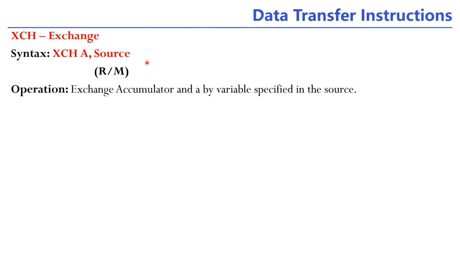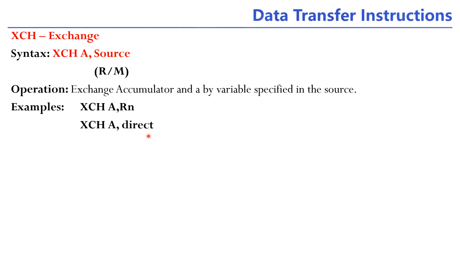Okay. Next thing we can also use exchange, right? XCH A, source. This source here is the register and memory. The operation of this is to exchange the accumulator with the variable specified in the source. We have already seen this in the previous slides, right? XCH A, Rn. Rn is nothing but R0 to R7. We can use any one here. Same thing you can use here, XCH A, direct.